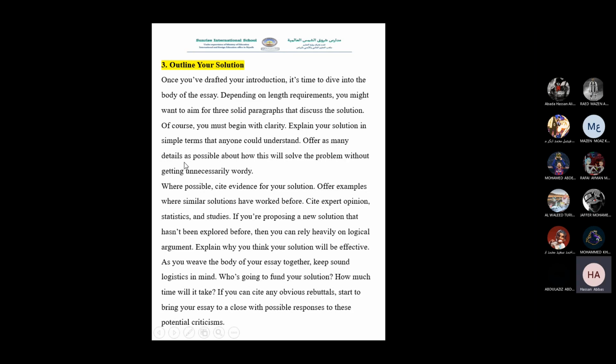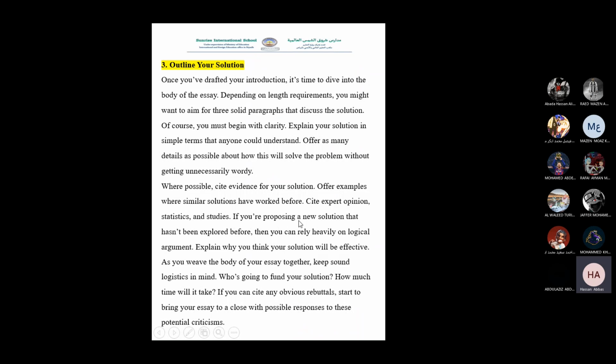Offer as many details as possible about how this will solve the problem without getting unnecessarily wordy. Cite evidence for your solution. Offer examples where similar solutions have worked before. Cite expert opinion, statistics, and studies.